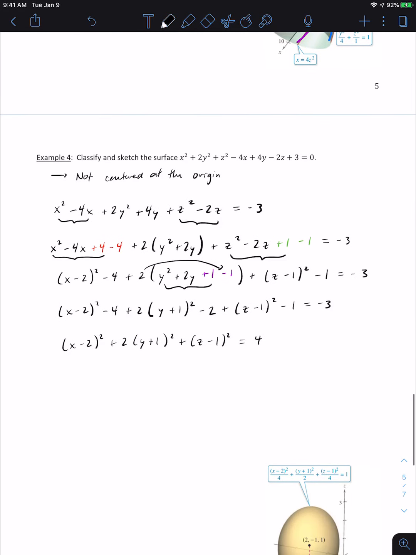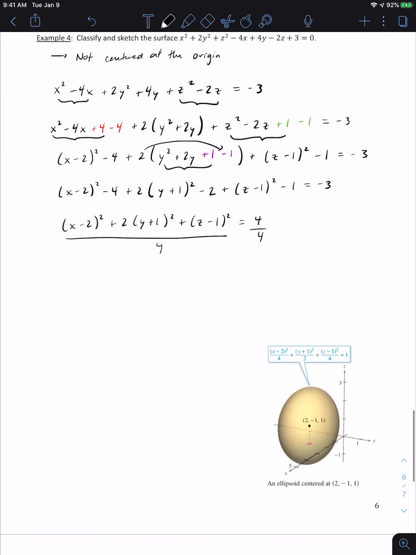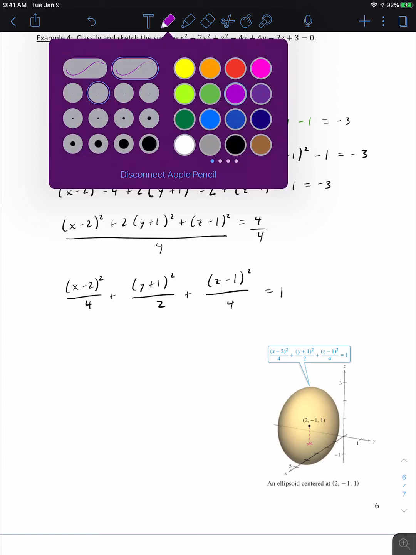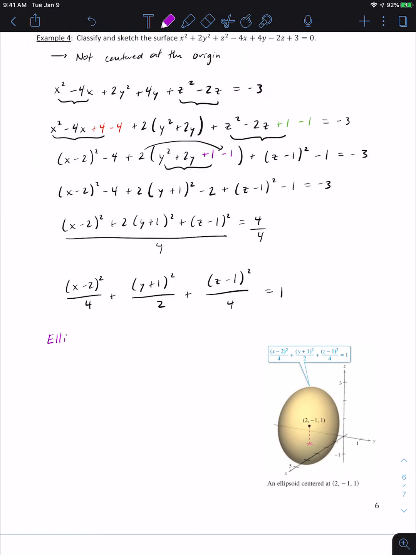Right now it's 4, so I need to divide everybody by 4. So I end up getting x minus 2 squared over 4 plus y plus 1 squared over 2 plus z minus 1 squared over 4 is equal to 1. So I have all my variables squared, everything's being added, and I have 1 on the other side. So this is in fact an ellipsoid.